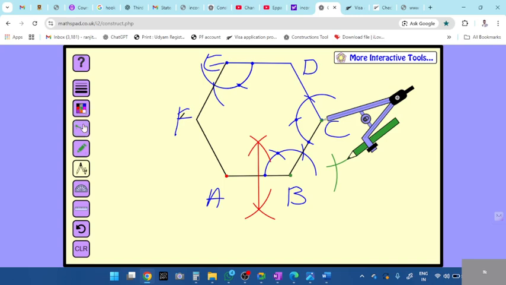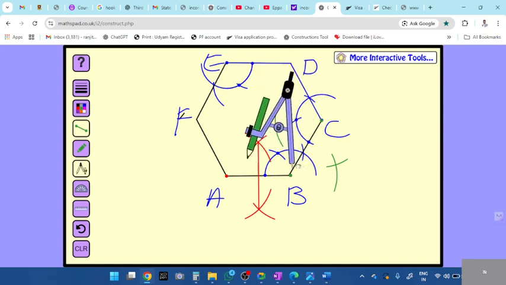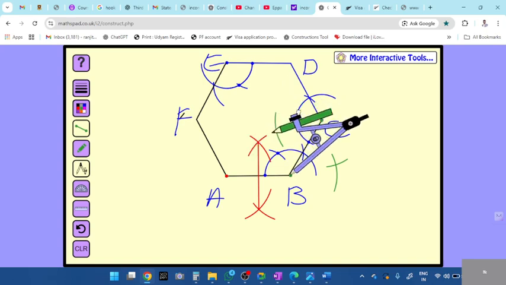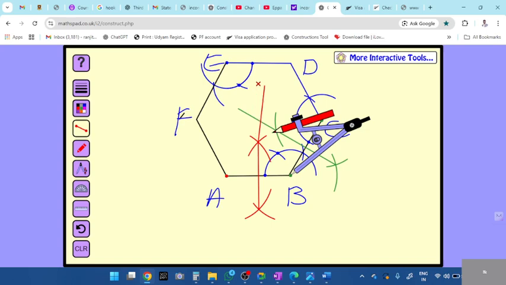I'll use the green line. Connect these two. Extend it, student. These two arcs should touch. The red one and the green one should touch. Like this.